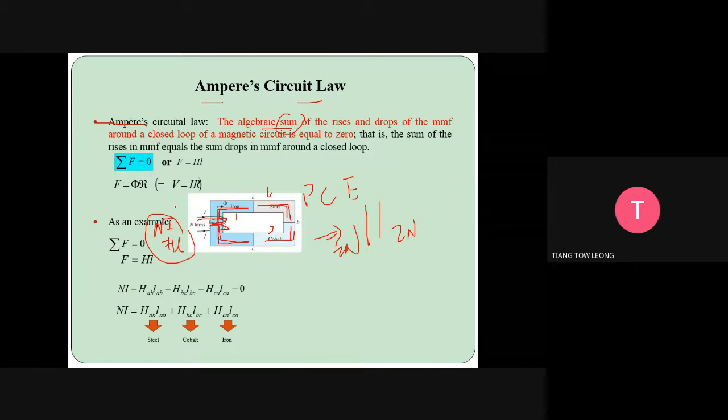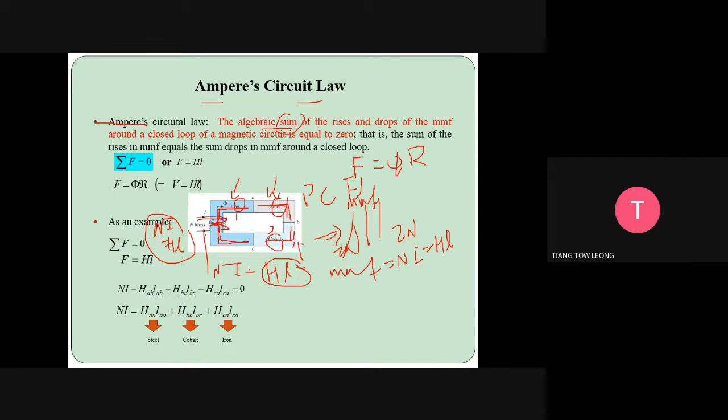Okay. Now we know that MMF is what? MMF is F, right? F equals to phi r, which is MMF. Then MMF can be Ni, can be HL. So the thing is, Ni is here. It should be HL for everything. Every HL. So how many things do we have? 1, 2, 3, because there are 3 materials: iron, steel, cobalt.